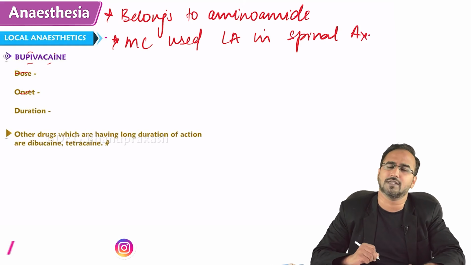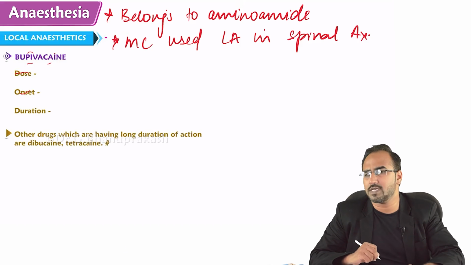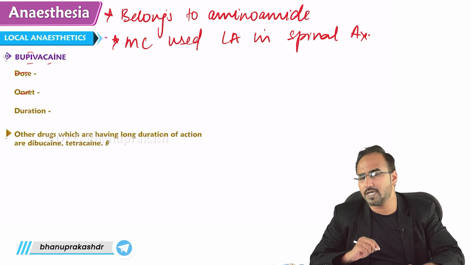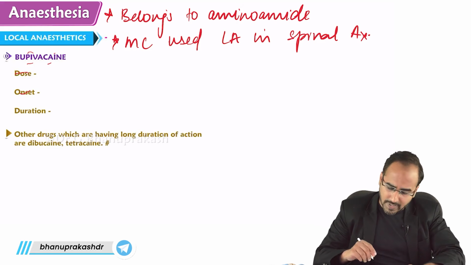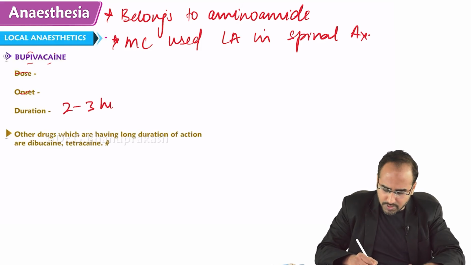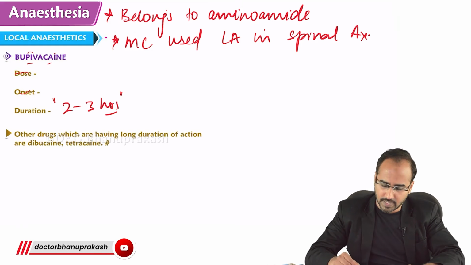The duration of Bupivacaine is important. Whenever you give this Bupivacaine to the patient, it acts for how many minutes or how many hours? Lignocaine was acting for 45 minutes to 1 hour. Bupivacaine plain also, if you give, it will act for 2 to 3 hours. That is the duration of bupivacaine.